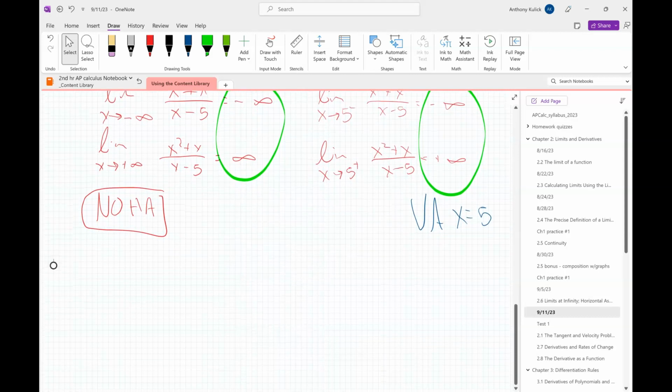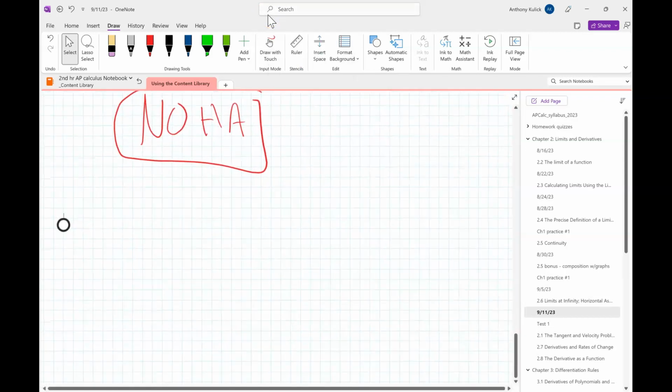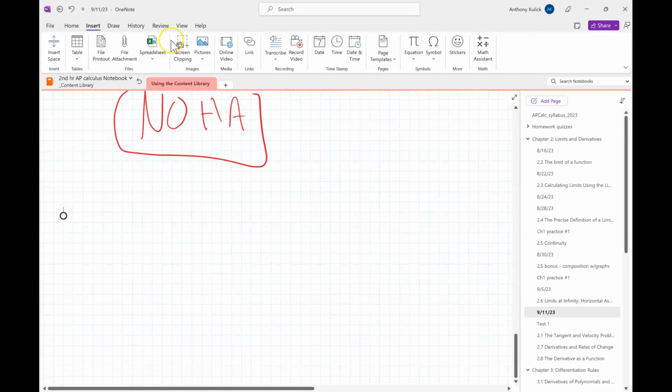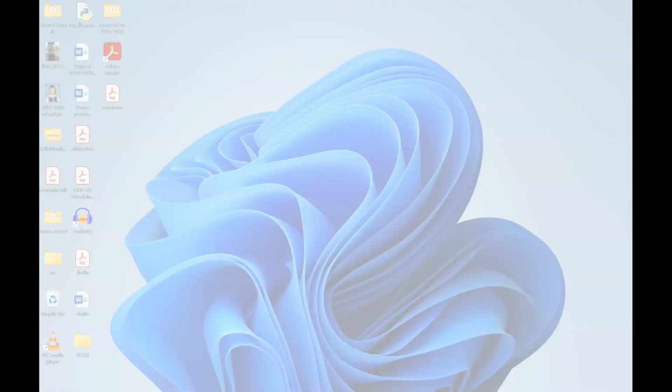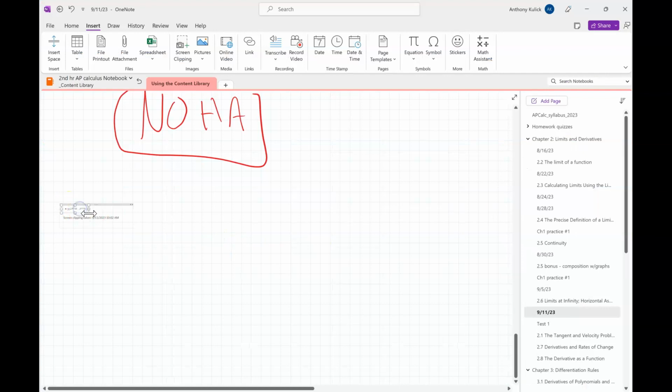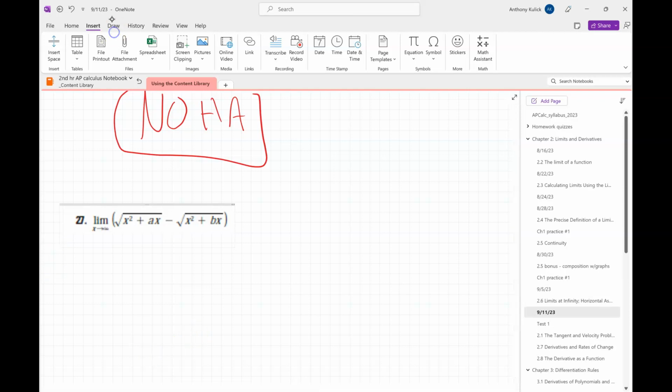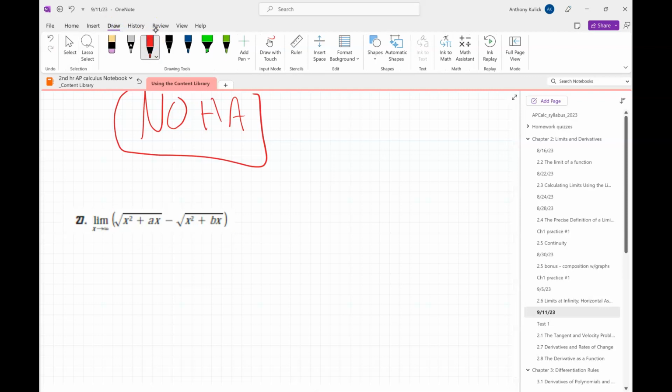First question, should we not do one like 27 where it's just all variables? 27, where it's just all variables. Yeah. What I would say is I didn't put anything with general coefficients like this on your test, but they certainly will do stuff like that on the AP.